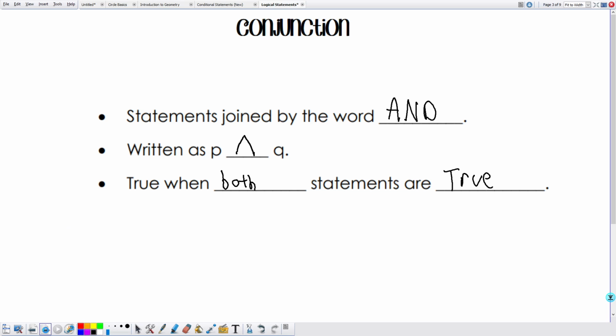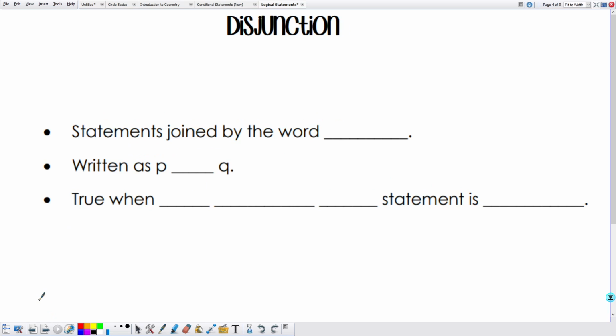And then we have the disjunction. So conjunction was the and statements. A disjunction is when we join two or more statements by the word or. Symbolically, it's kind of like a conjunction, except instead of an arrow pointing upward, it would be an arrow pointing downward, kind of like a V. And disjunctions are true when at least one of those component statements, P or Q, is true.